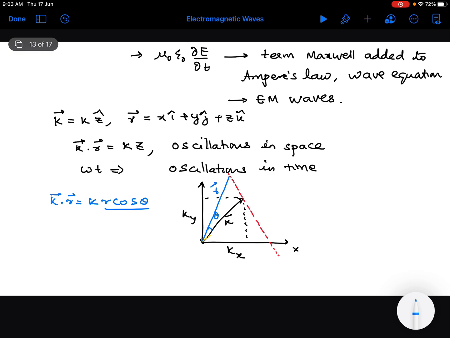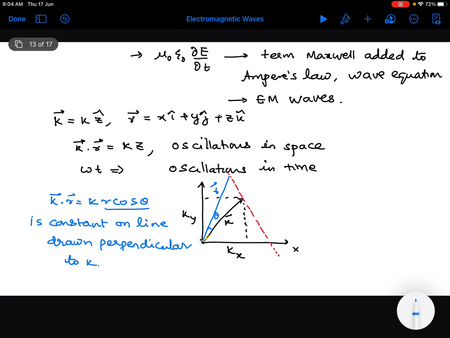Now k r cos theta is a value which is constant on a line drawn perpendicular to k, so this k r cos theta is constant over this red line.